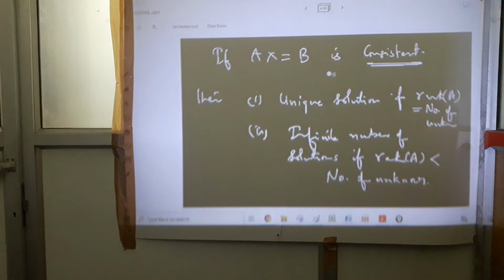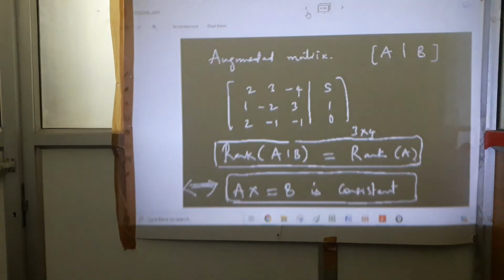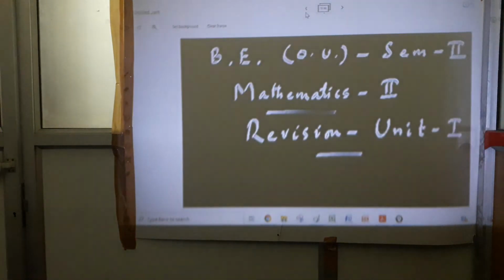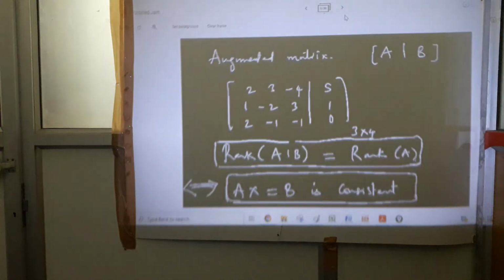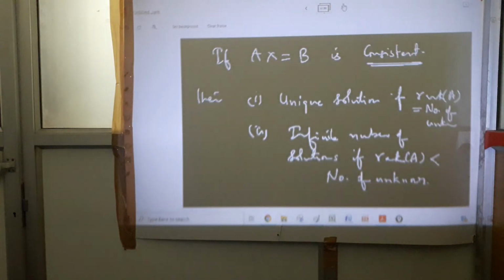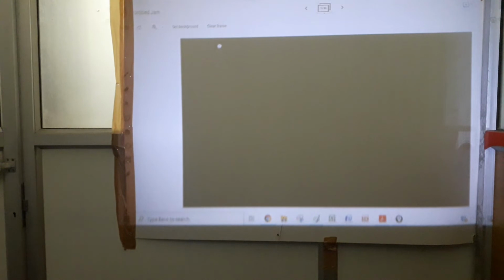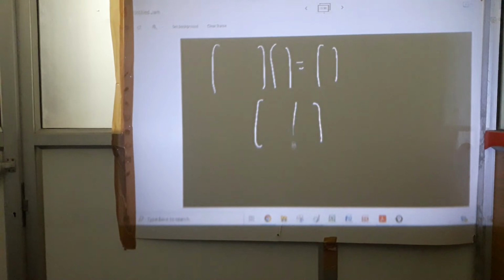So now we'll come to the third topic of our discussion, that is eigenvalues and eigenvectors. Here I would like to say only one thing. If any system is given to you, just write it in the form of Ax equal to B, write the augmented matrix, decide the rank, and then declare whether it is consistent or not.